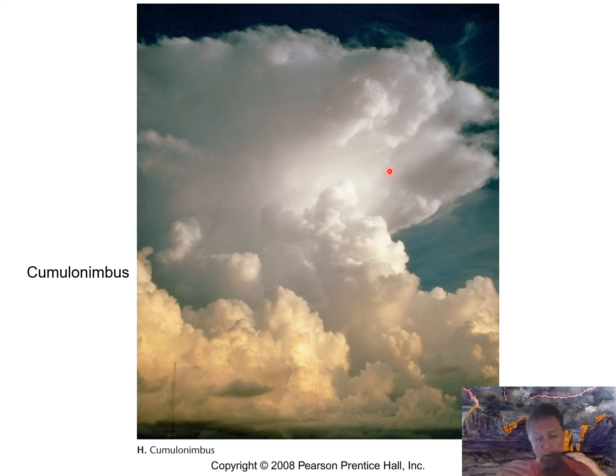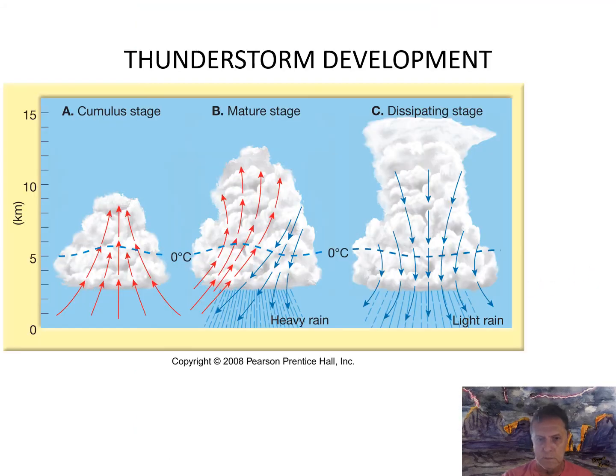So cumulonimbus are huge, gigantic, puffy, stormy clouds that indicate vertical movement of strong air currents going up and going down in response to air pressure, in response to temperature changes, and in response to moisture circulation. Cumulonimbus definitely will generate storms, including thunder and lightning storms. A thunderstorm can develop as a cloud is in its cumulus stage. It's still puffy. You have rising warm air, these red arrows.